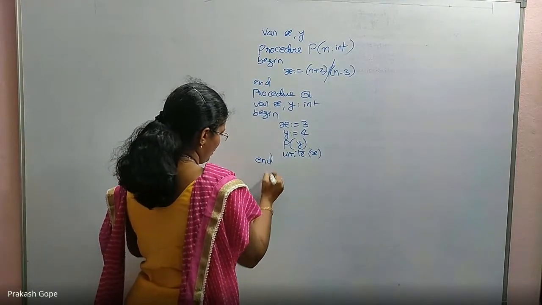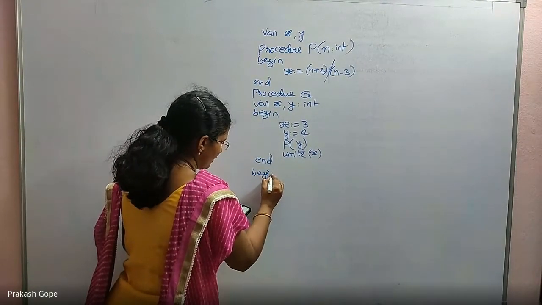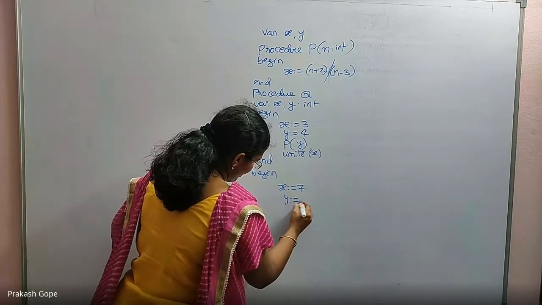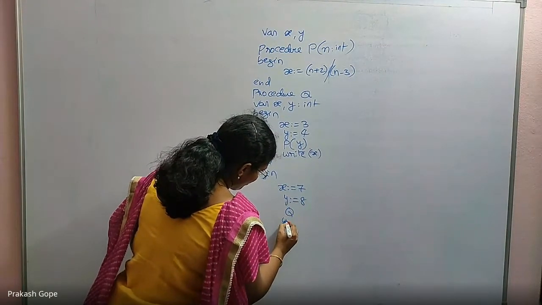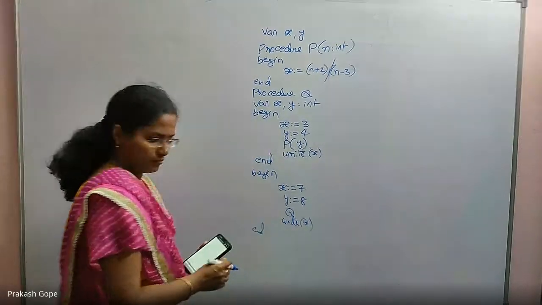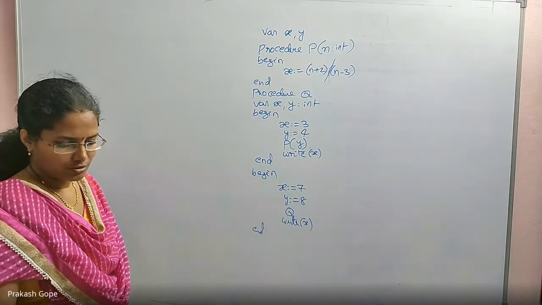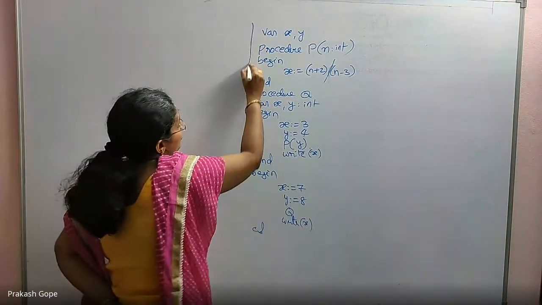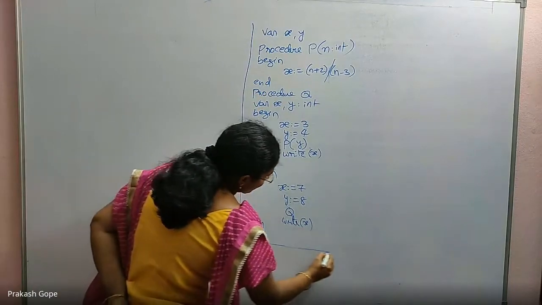And then main program begins: x equal to 7, y equal to 8, call Q, then write x. That's all. Code is this. So this is the actual program block.